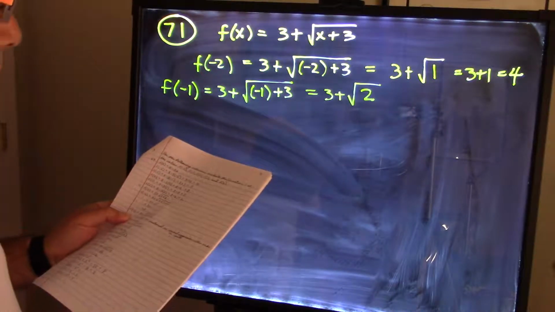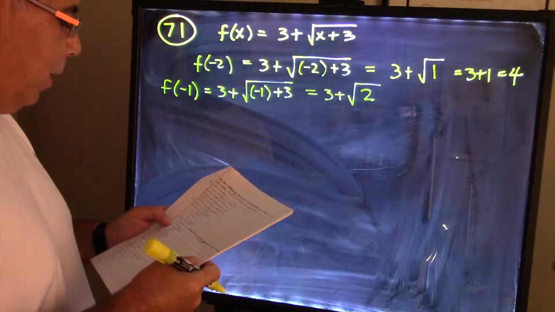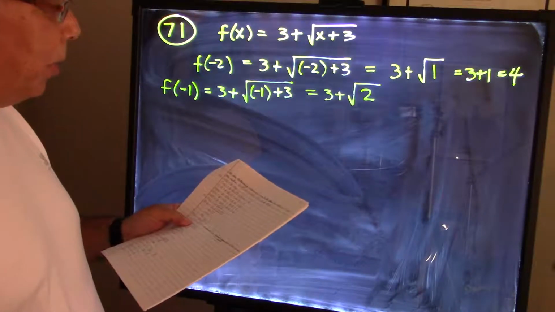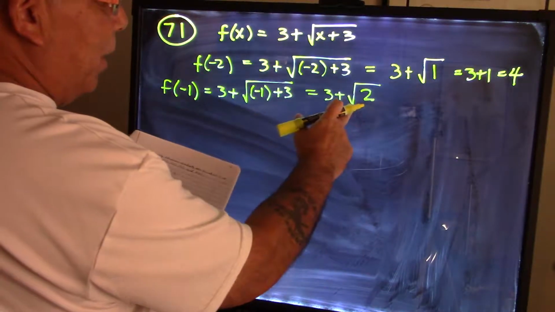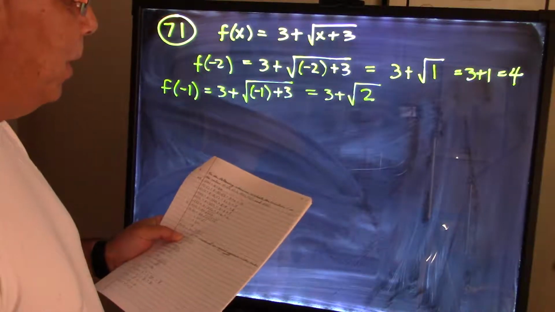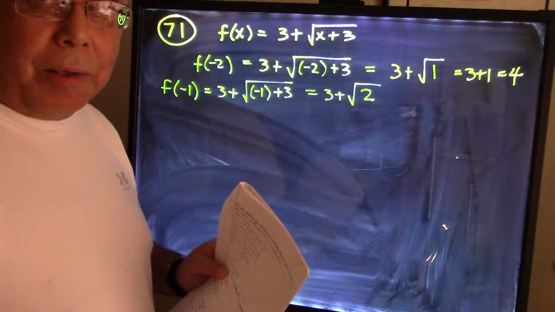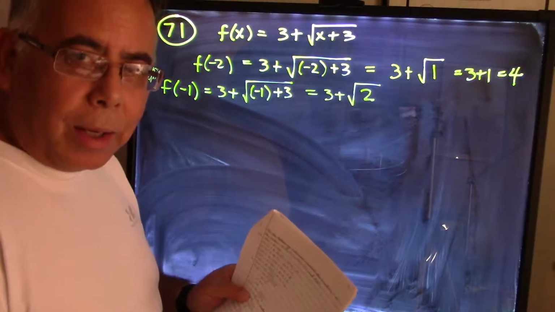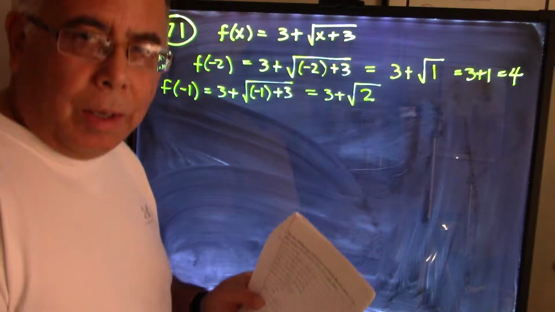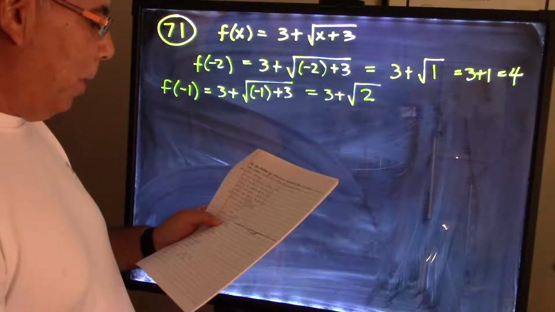Now the square root of 2 is an irrational number. You can't simplify this as written. So if you want the exact answer, you just leave it written like this, 3 plus square root of 2. That is the exact answer, which mathematicians prefer, by the way.